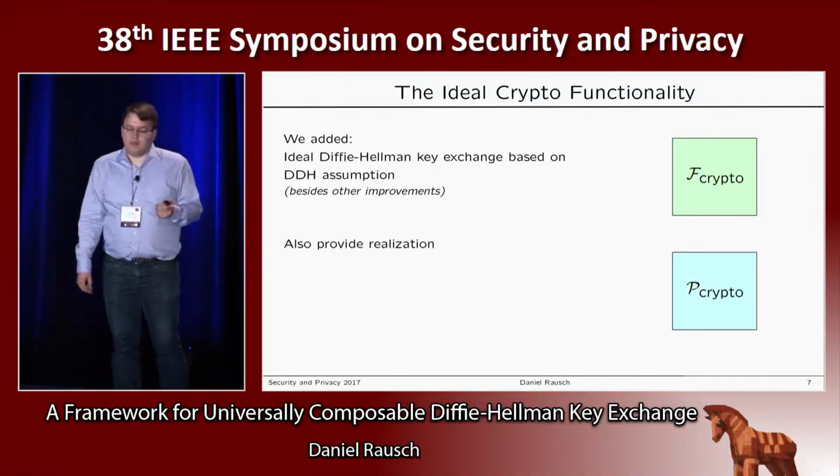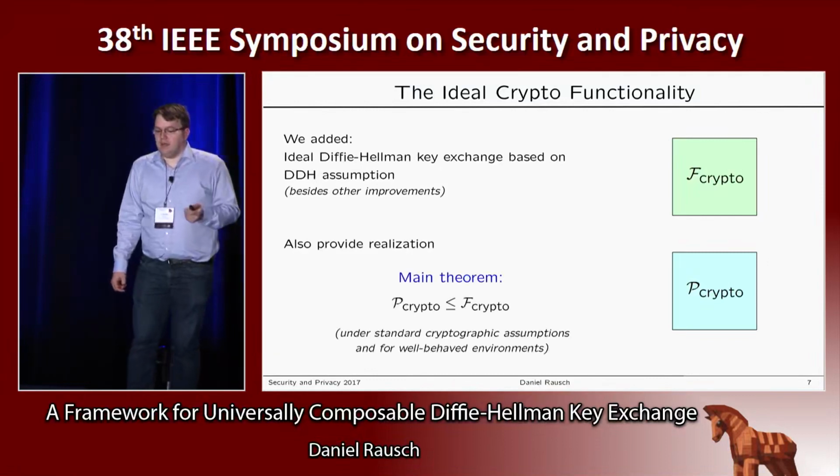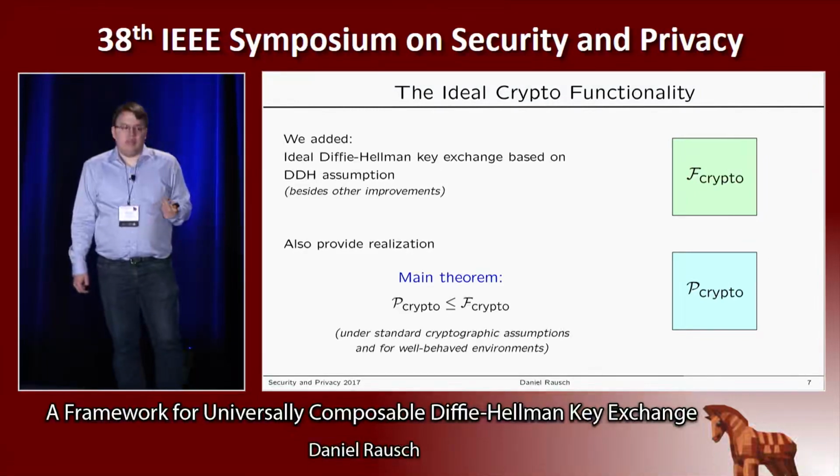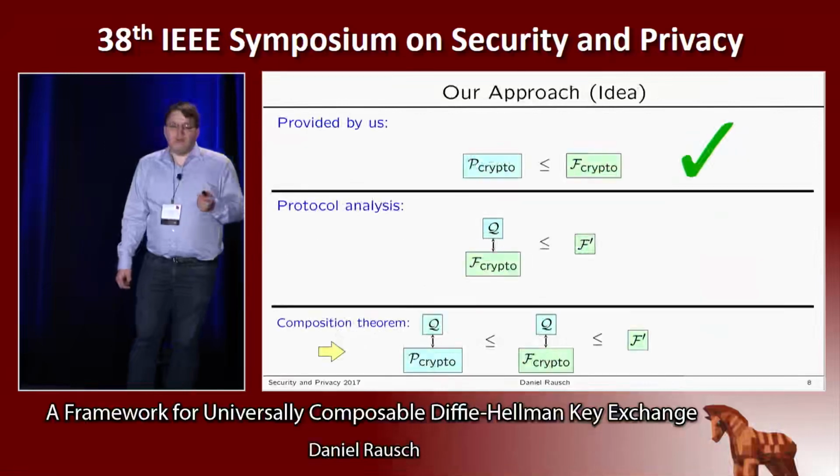Of course, we also provided a realization for this new library and finally proved that Pcrypto indeed realizes Fcrypto based on standard assumptions and for well-behaved environments. So providing this first step was one of the major contributions of our work.